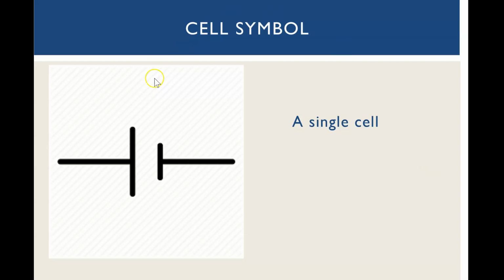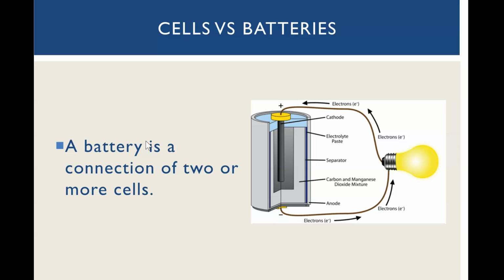So remember, this is a symbol for a single cell. This is basically a diagram of a battery, and it's a cross section of what's inside. A battery is made up of a connection of at least two or more cells, and you have a positive terminal and a negative terminal, and inside, this is the cathode.